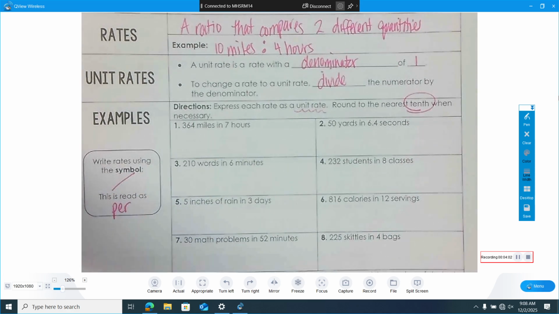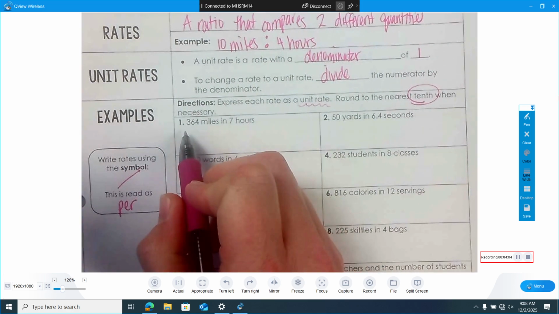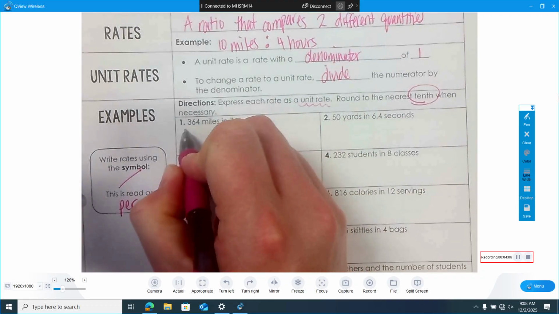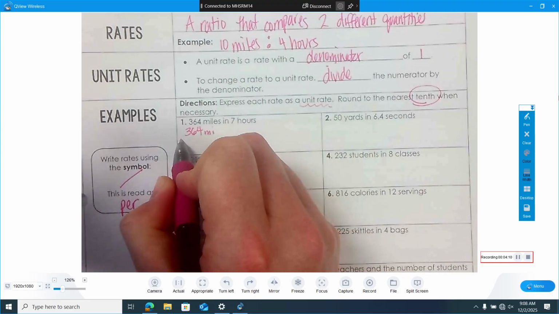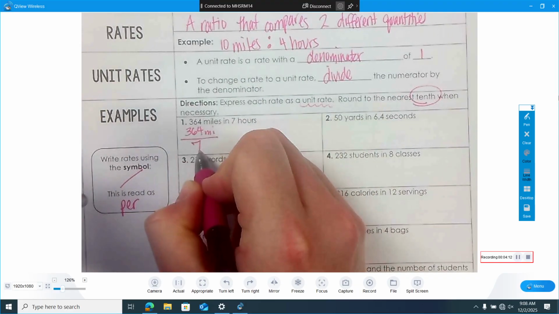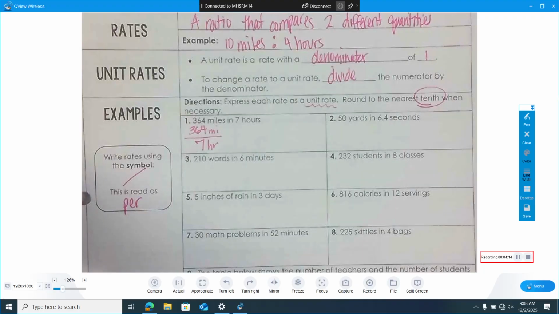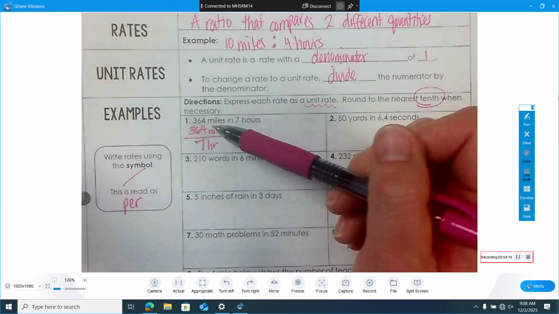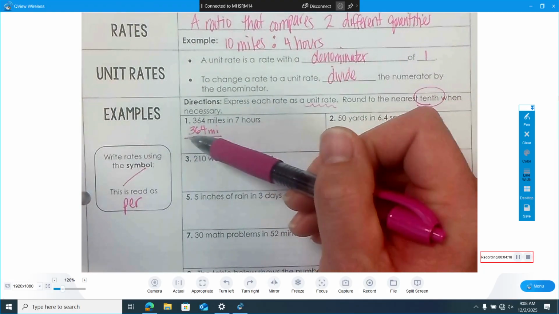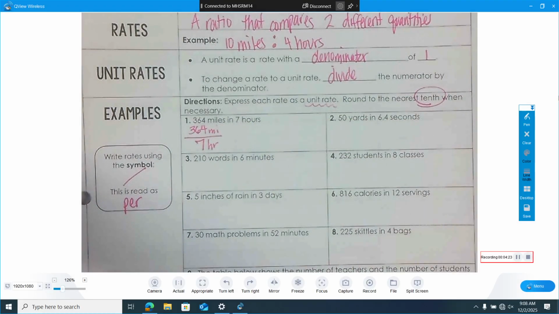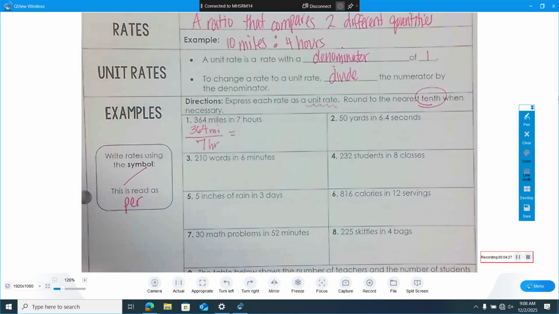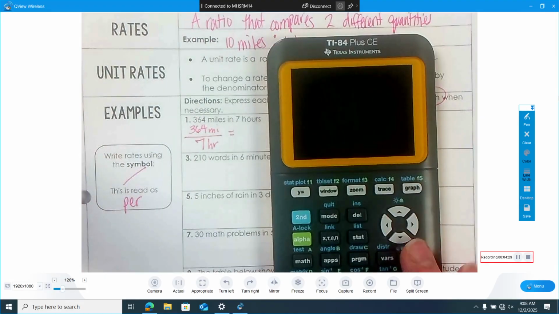To express each of these as a unit rate, we are traveling 364 miles for every 7 hours. And again, when you read this, we would say miles per hour. So that division bar, we read as per.